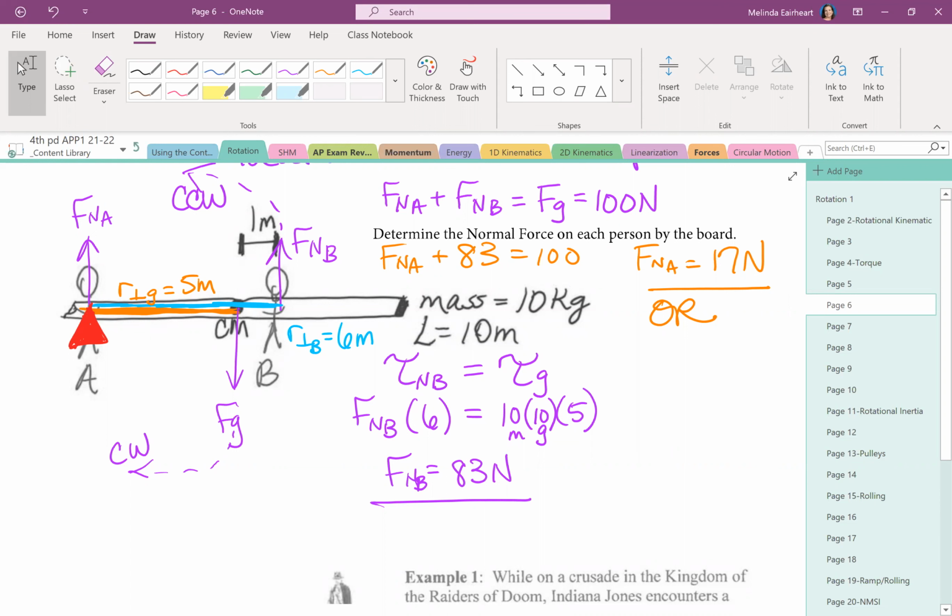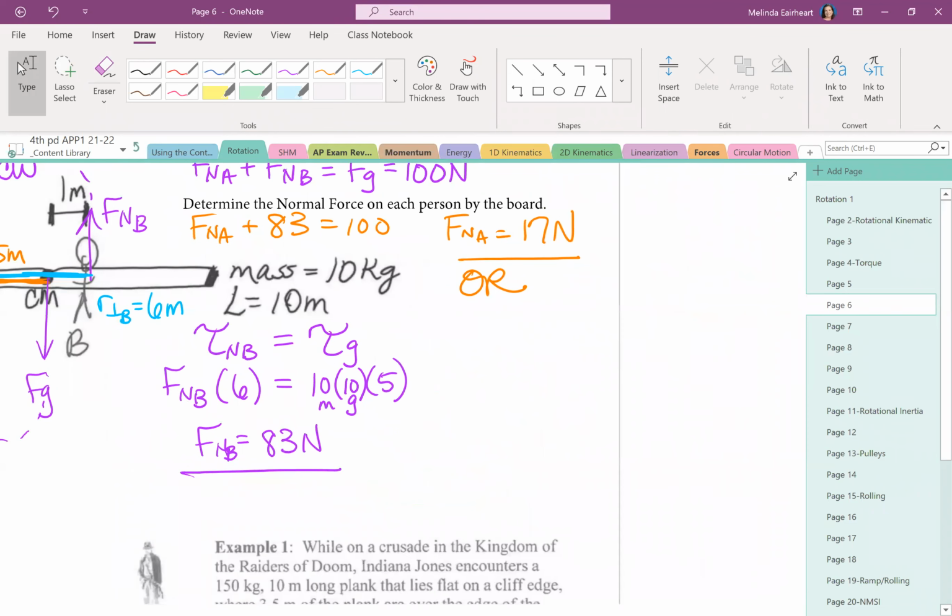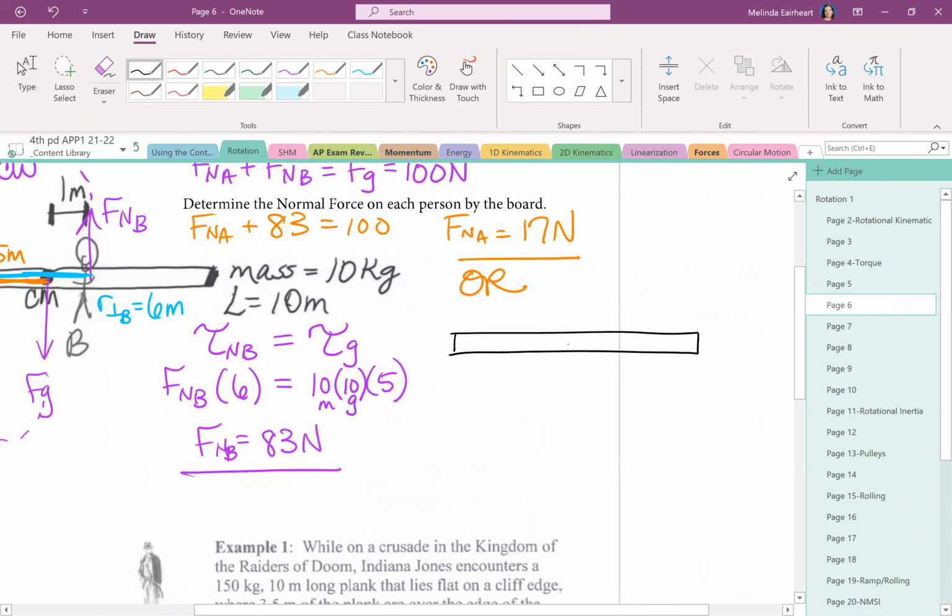Which one? Center mass. And so I'm going to quickly redraw that just to sketch. And so if we put the fulcrum at the center of mass, then we now know that your B force is right here. We know it's 83 newtons, and we're trying to find FNA.